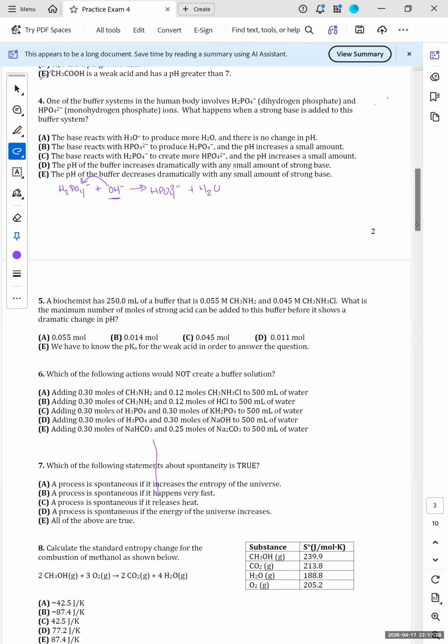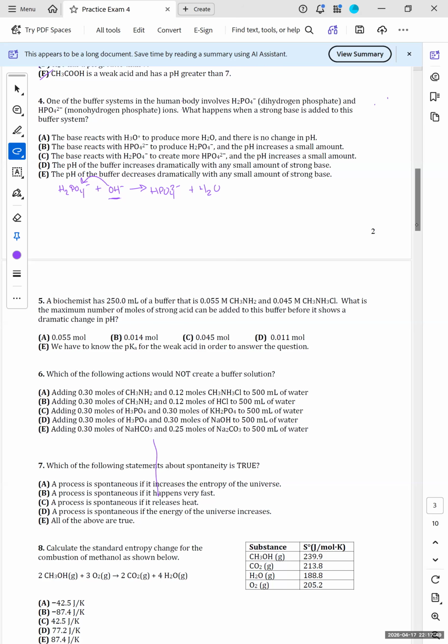And we can see that the added strong base gets consumed by the acid part of the buffer. Yeah, the acid part of the buffer. So the pH changes just a little bit, but not dramatically.